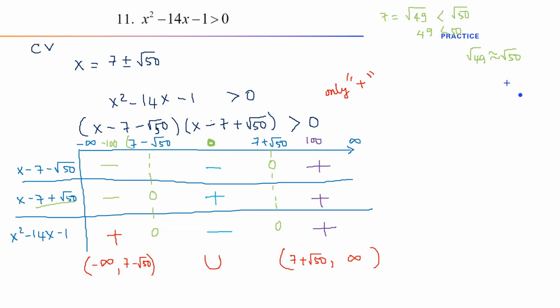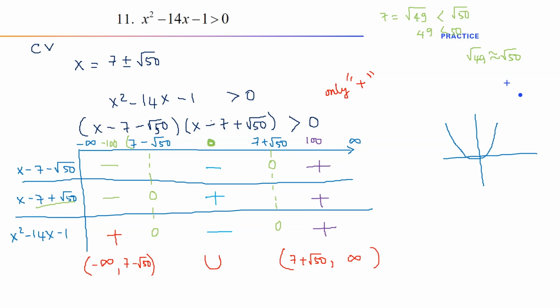This is how we solve this problem using the sign chart. However, we can look at the graph, right? We can sketch it. I can sketch it because I know that quadratic equations will have a U shape. And I know that the leading coefficient of x squared is positive 1, so it will go up like that, right?